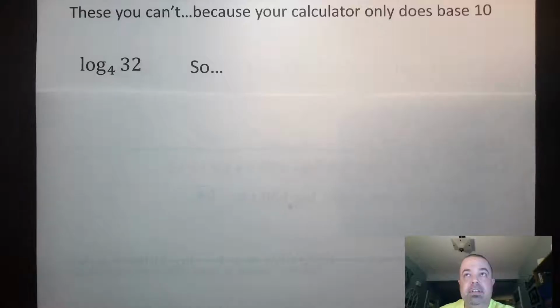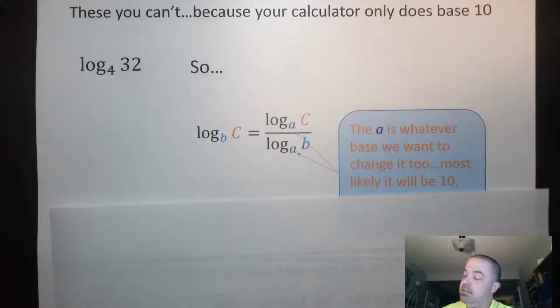Log 4 of 32. So if my calculator says I can't do this because it's assuming a base 10, then what in the world do I do? There is one way to do this, and it is the change of base formula.